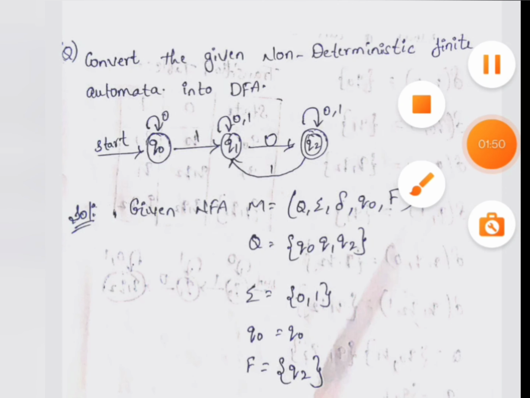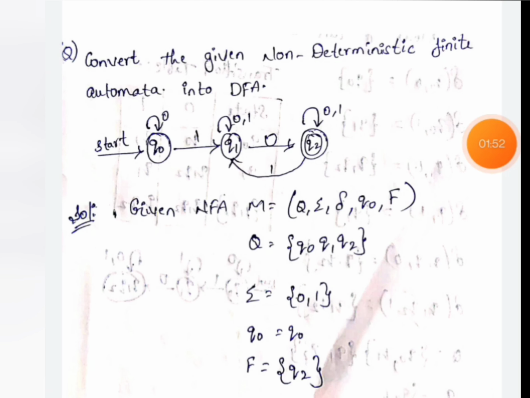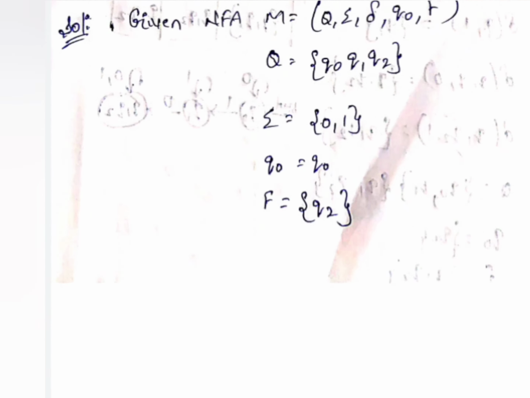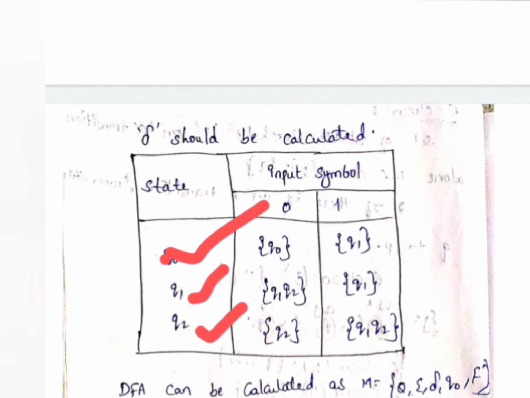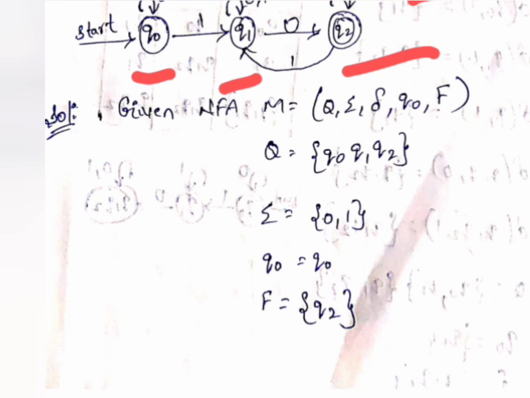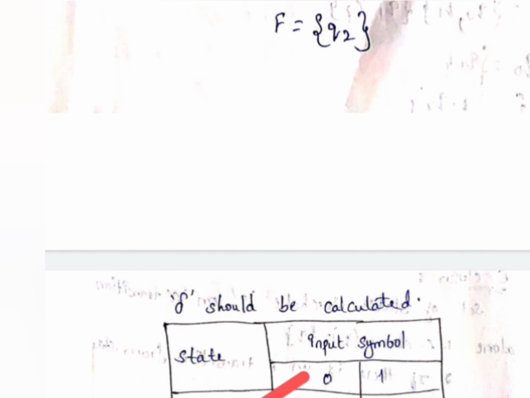Now for this transition diagram, you need to take a transition table. How will we take the transition table? First you need to write the 3 states: Q naught, Q1, Q2. What are our input symbols here? Zeros and ones, so we take 0, 1.